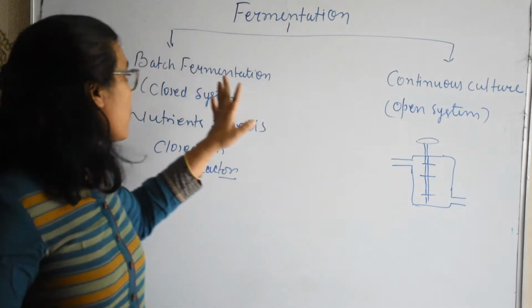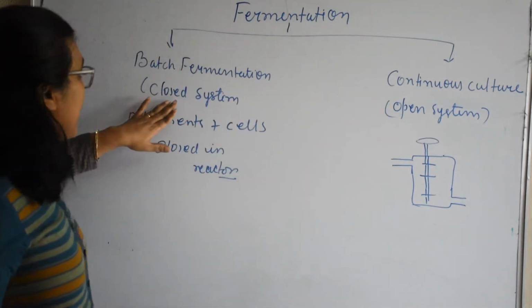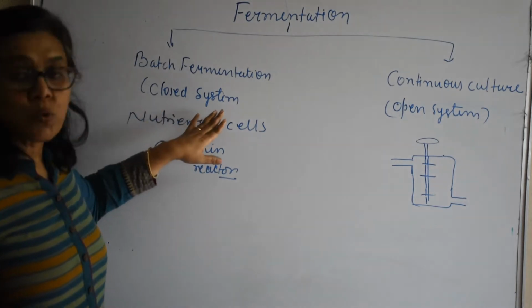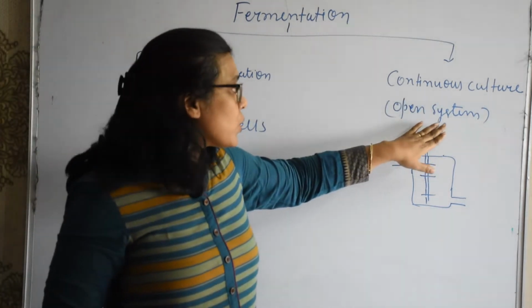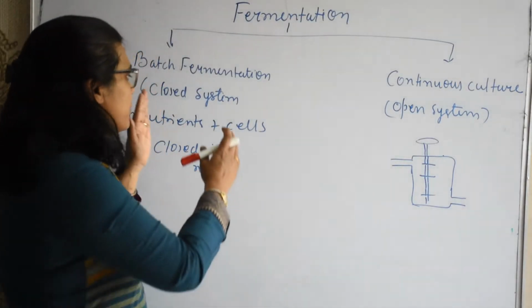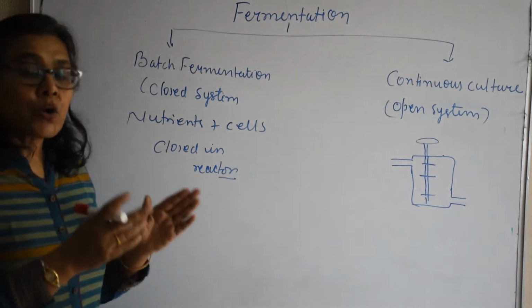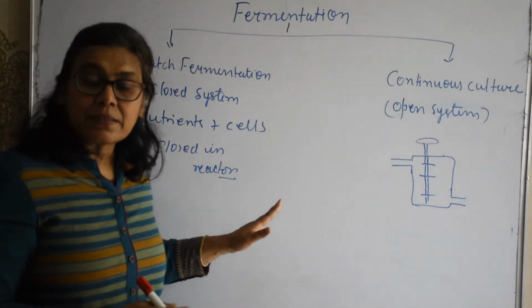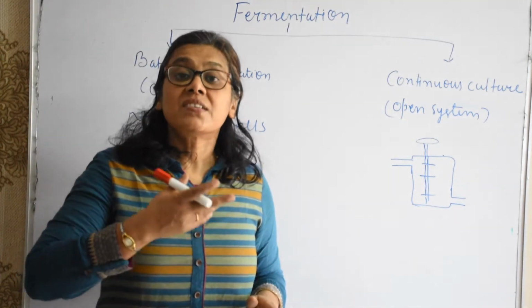The fermentation process is of two types: batch fermentation and continuous culture. Batch fermentation is also known as a closed system, and continuous culture is called an open system. In the batch fermentation process, the nutrients and the cells are closed in the reactor and can't be changed once the fermentation process starts.